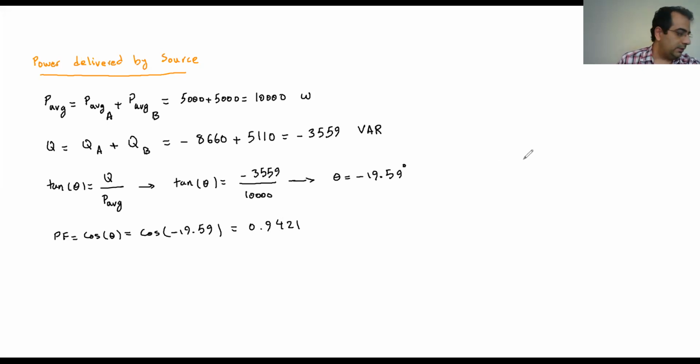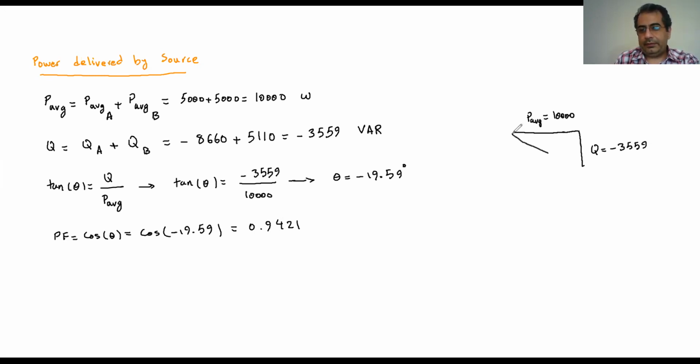So for the source, I can also have the power triangle. It has the P average at the source, which is 10,000, and then the Q at the source, which is negative 35.59.